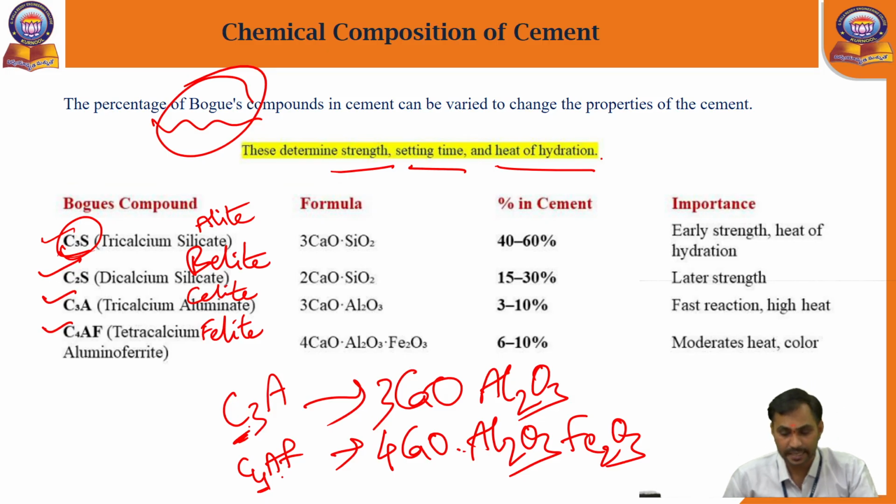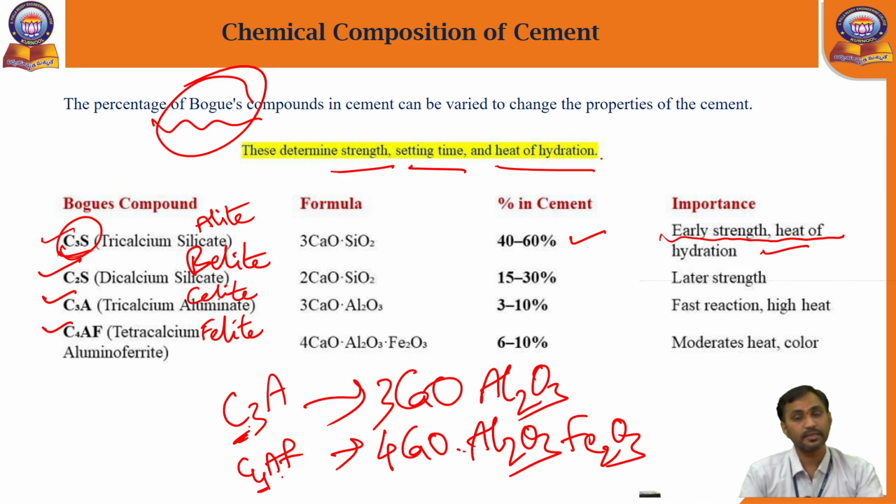How much percentage? If C3S is 40 to 60 percent, it gives the early strength and heat of hydration. If C2S, dicalcium silicate, is present at 15 to 30 percent, it provides the later strength.